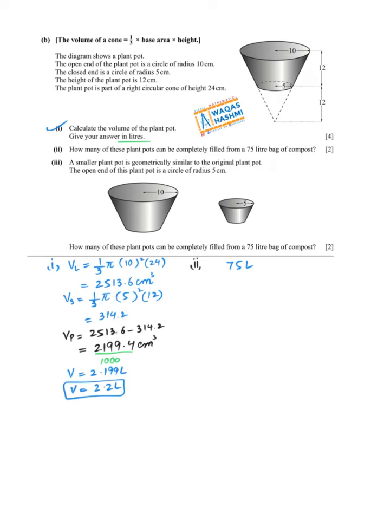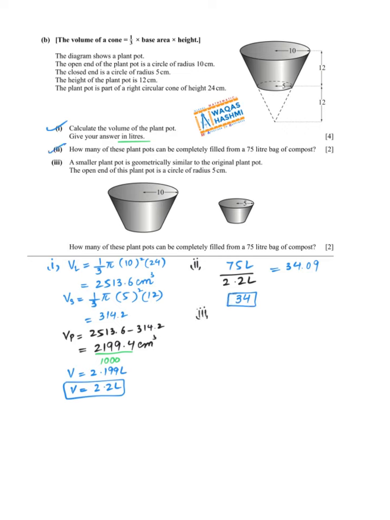So you need to divide it by the volume obtained in the first part, that is 2.2 liters, right? And just simplify to find the final answer. 75 divided by 2.2 leads to 34.09. That means the number of pots that can be filled is 34 and that is your answer.